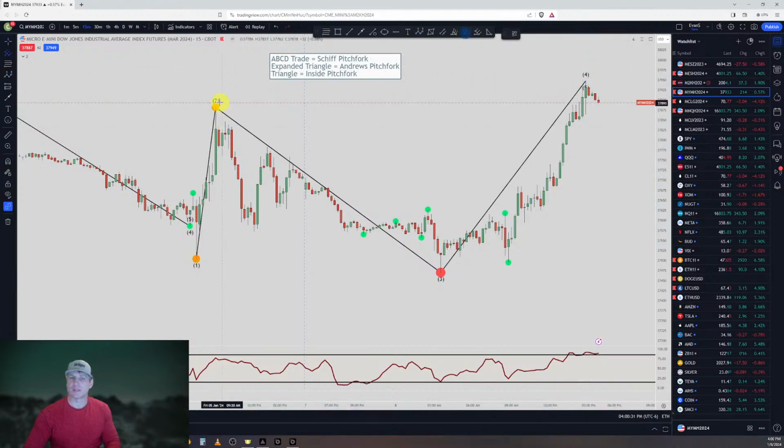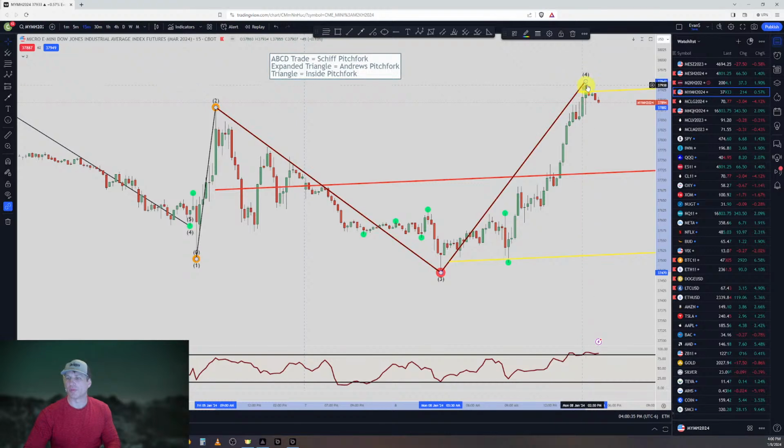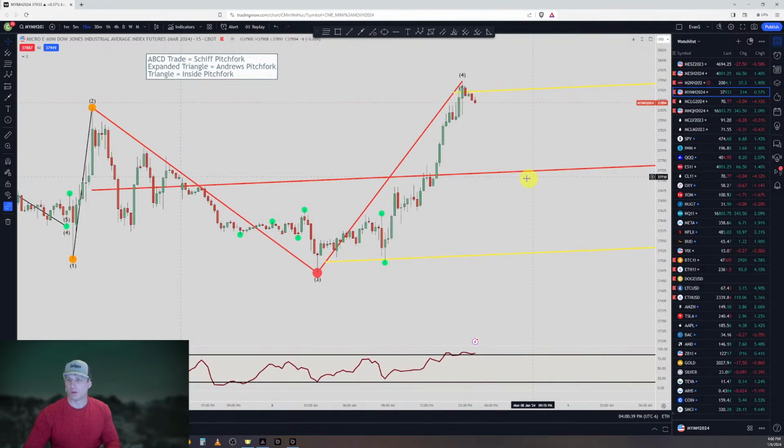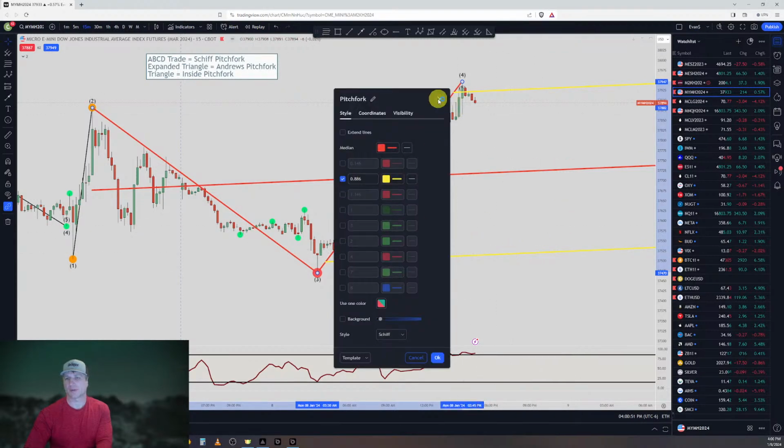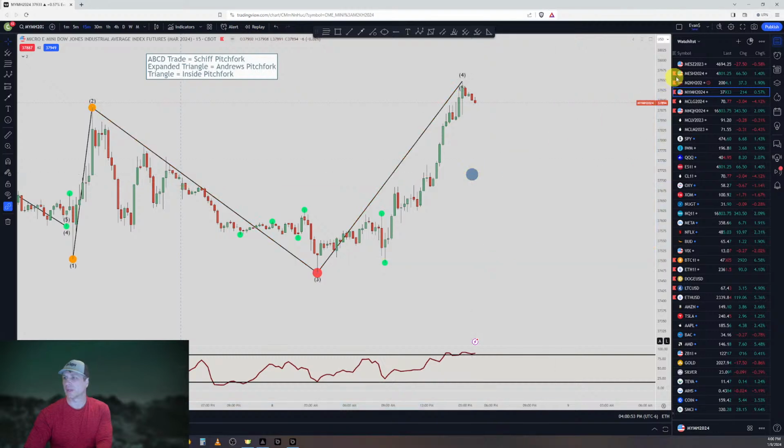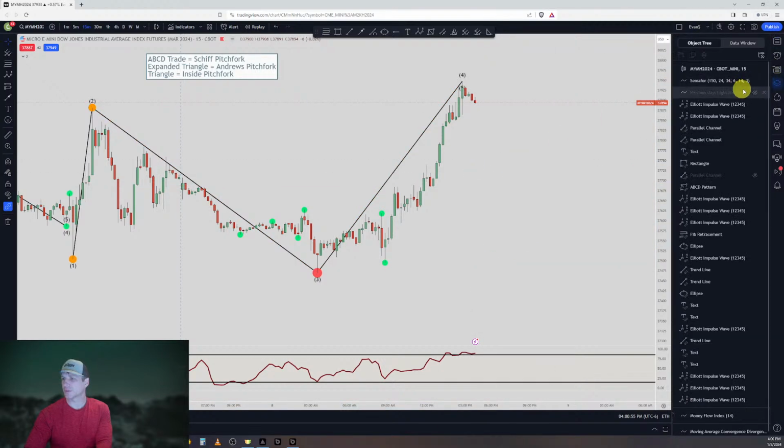So we put the Andrews pitchfork on it, and we'll look for whenever this high solidifies up here and creates an orange semaphore, then look for the break down. That would create the target being down here at the yellow 88.6 line right there.